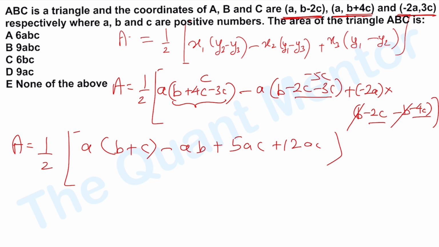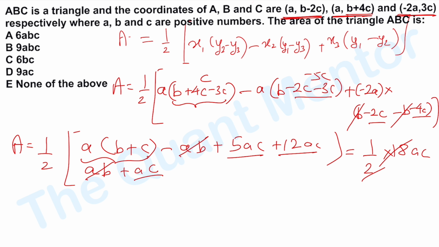The next step is we open the first bracket. We are going to get ab plus ac, ab and minus ab cancel, 12ac plus 5ac plus ac is 18ac. So the area is half into 18ac. 2 cancels. The final area is 9 into a into c, which is very clearly your D option.